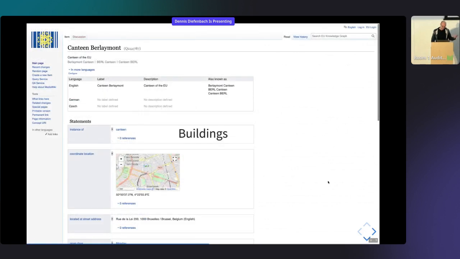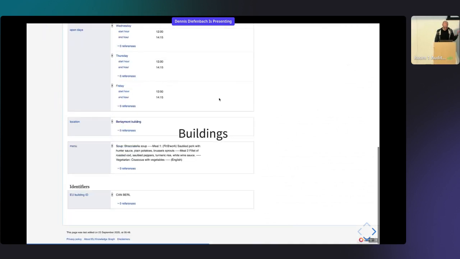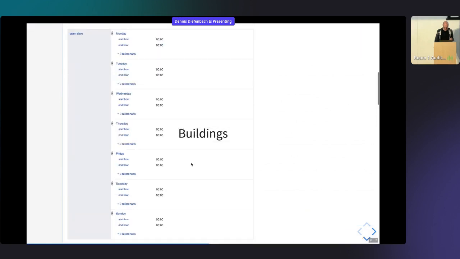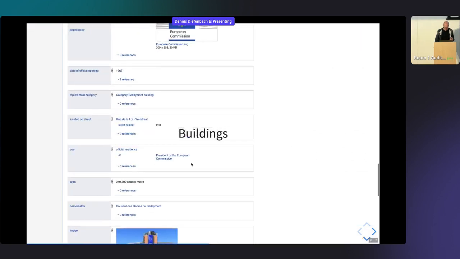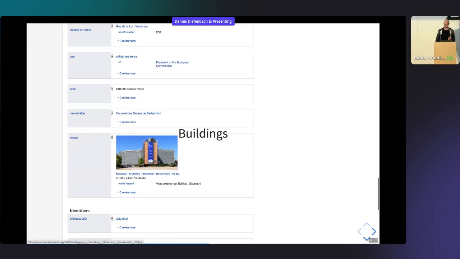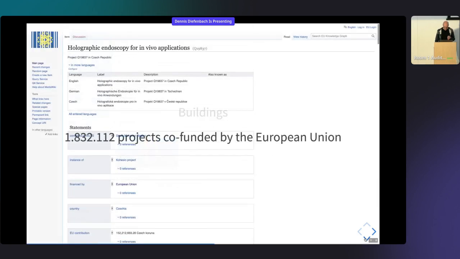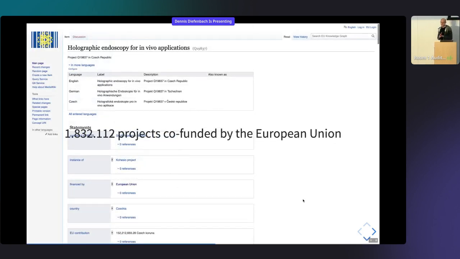We have information about buildings. This is a canteen in Berlaymont. I'm not sure if you look at the news sometimes. It is located in the Berlaymont building, which is the building you might have seen in the news. So we describe a particular canteen in this building. It contains 1.8 million projects which are co-funded by the European Union around Europe. I'm going to describe this a bit more in detail afterwards when we go to the use case.